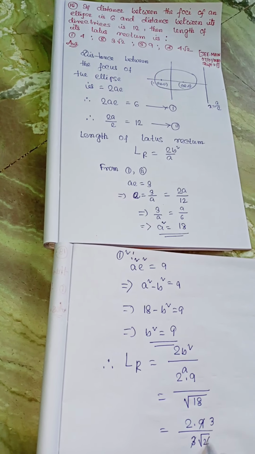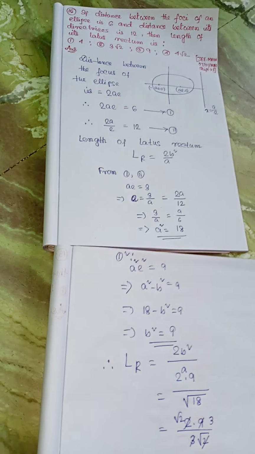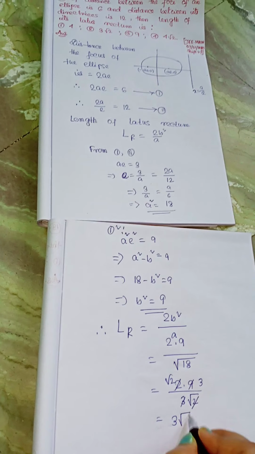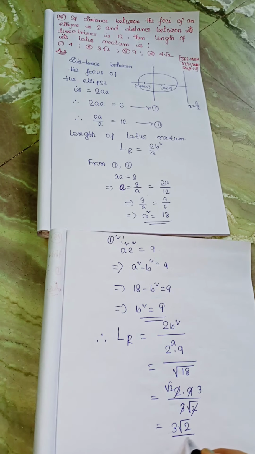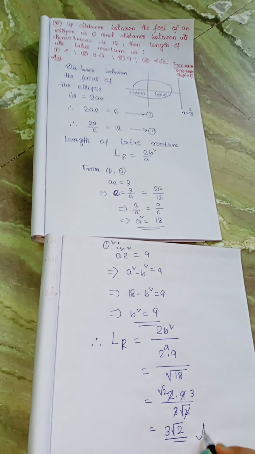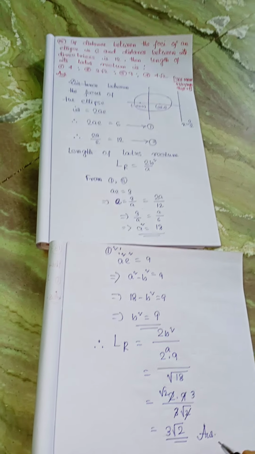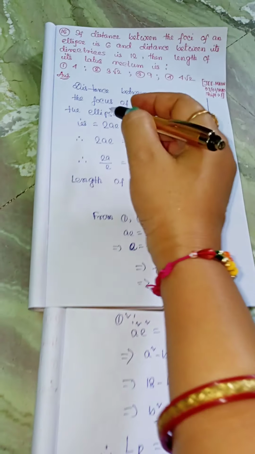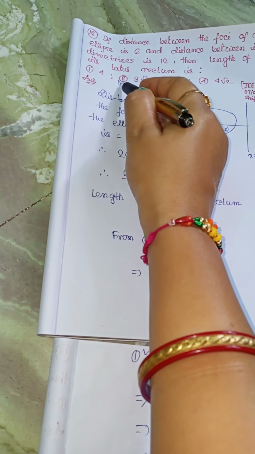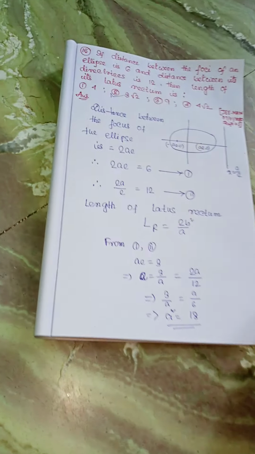So the latus rectum is equal to 3 root 2, and we reached our required answer, which is option 2, 3 root 2.